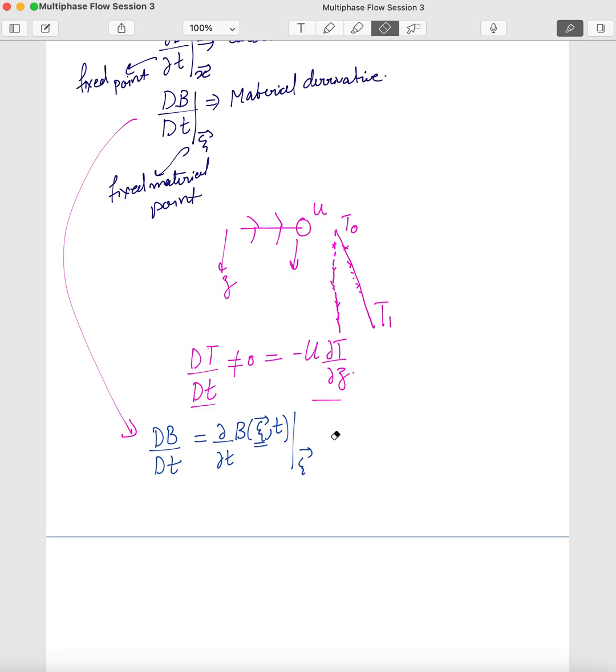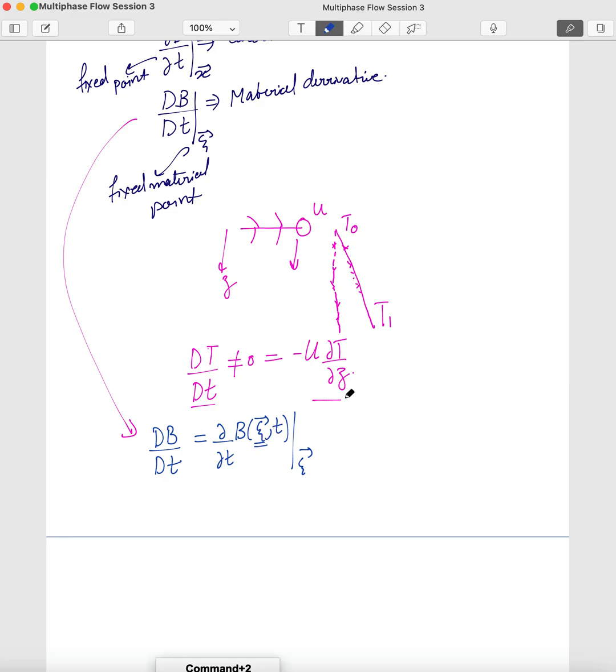In order to do so, we want to convert from zeta to x.